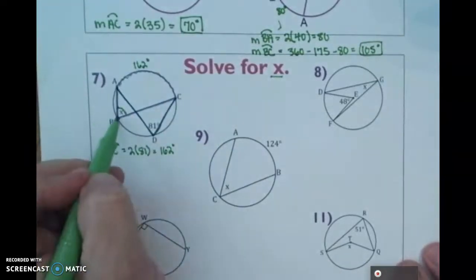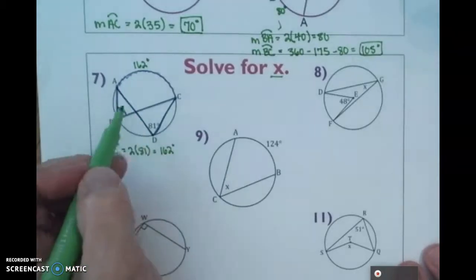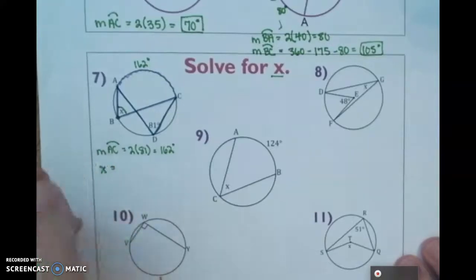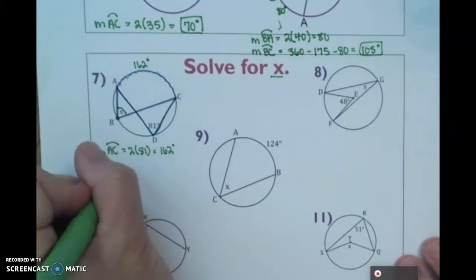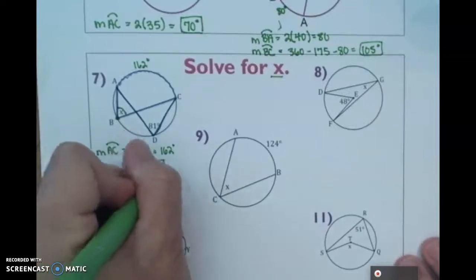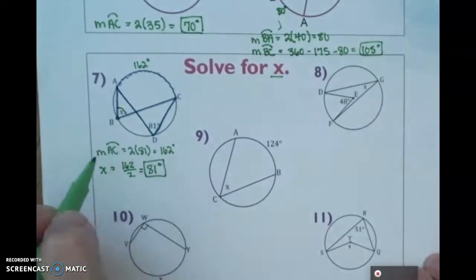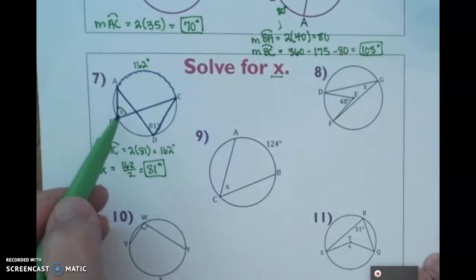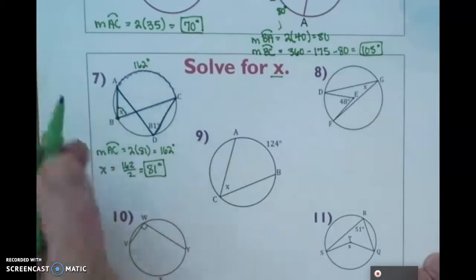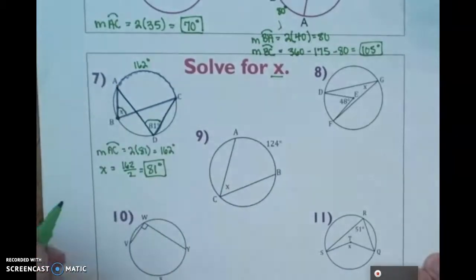So now if I want this angle, I would simply divide this by 2. So the measure of angle, let's just put x since they called it x, is going to be 162 divided by 2, which takes us right back to 81 degrees. So what you've learned here is that if you have two angles that have the same intercepting arc, these two angles are congruent.